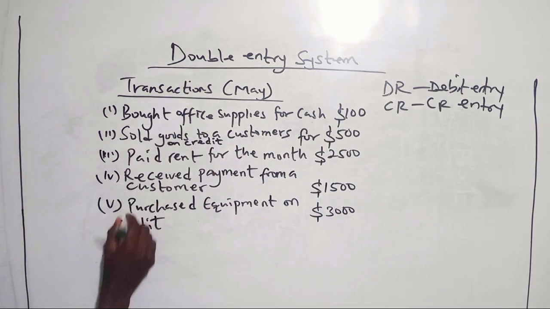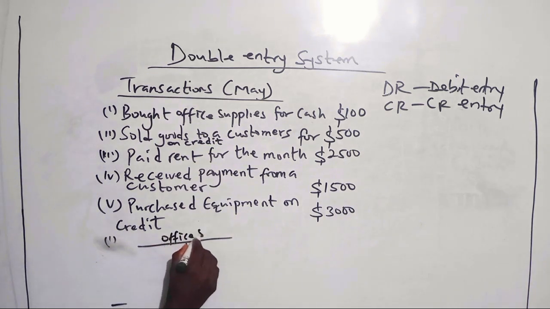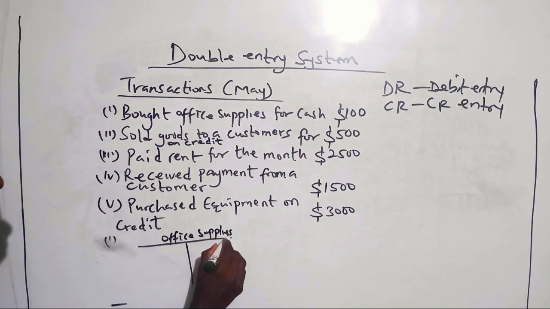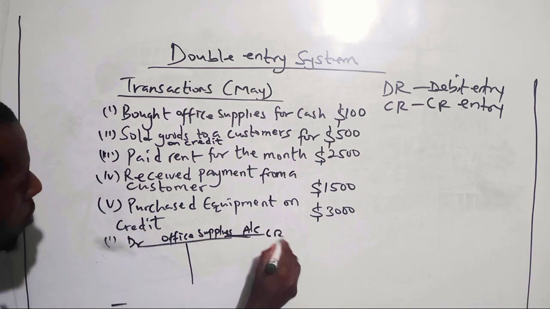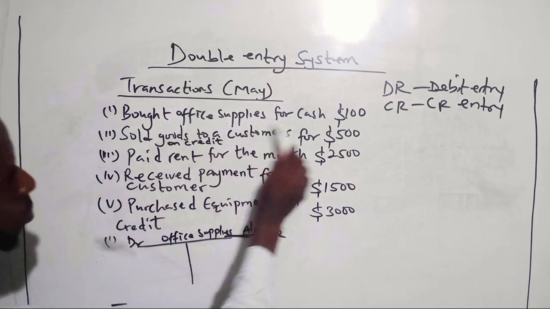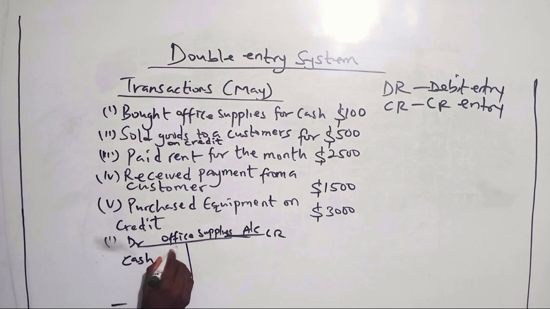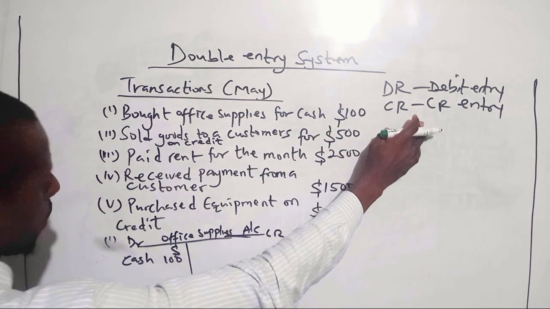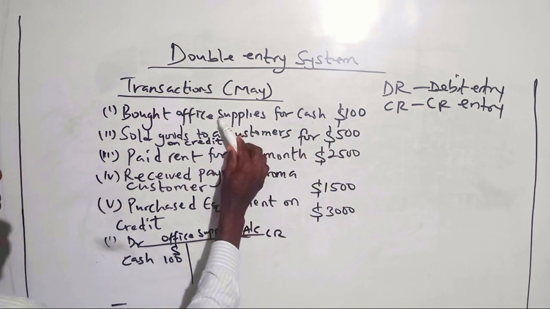For number one, we debit office supplies with $100, and we credit the corresponding credit to cash, because we are giving out cash of $100. We are paying for it.